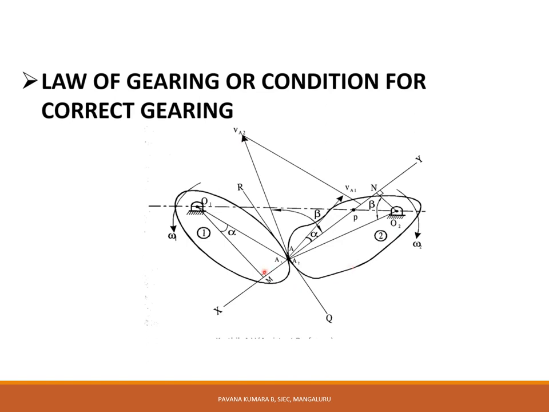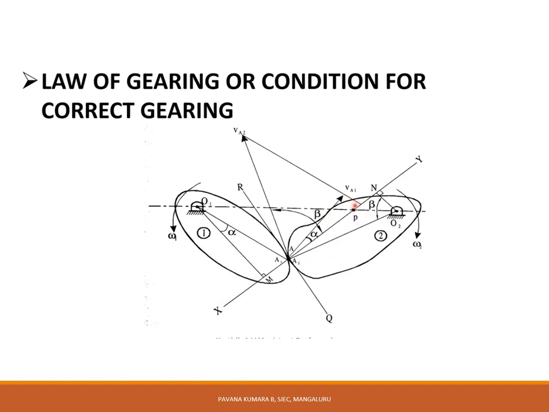Next, the common normal line XY cuts the line joining the centers of the two bodies, O1 O2.